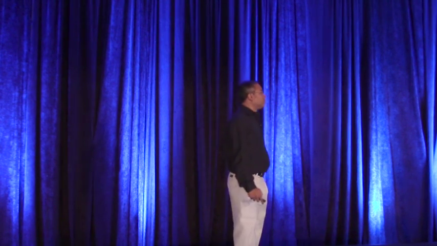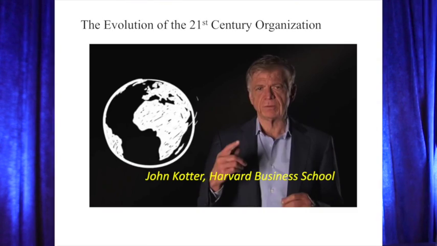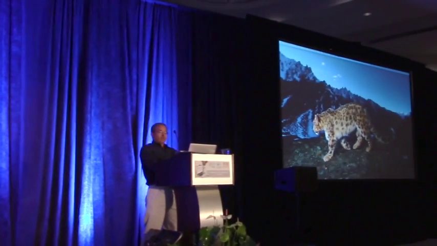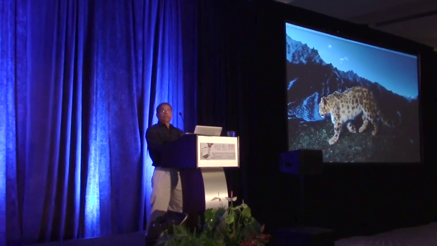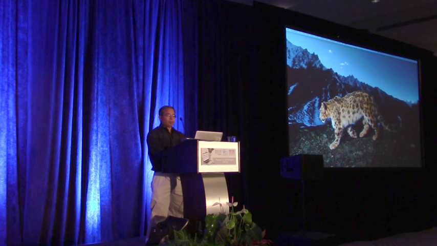There you go. So these are all symptoms of our dysfunction. So what can we do about this? Let's turn to John Kotter, from Harvard Business School, an organizational change management guru. Let's look at John Kotter talking about the evolution of the 21st century organization.